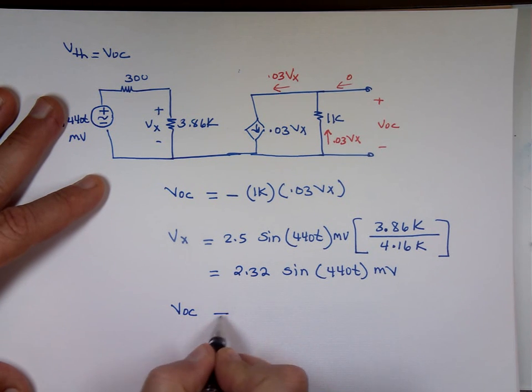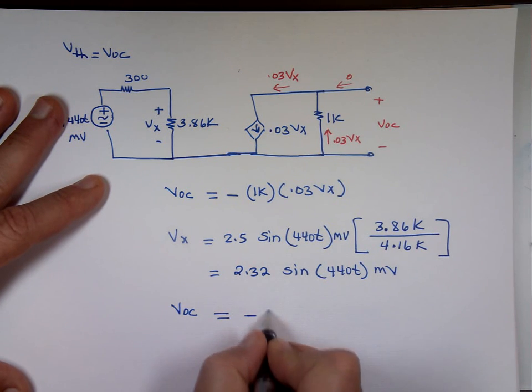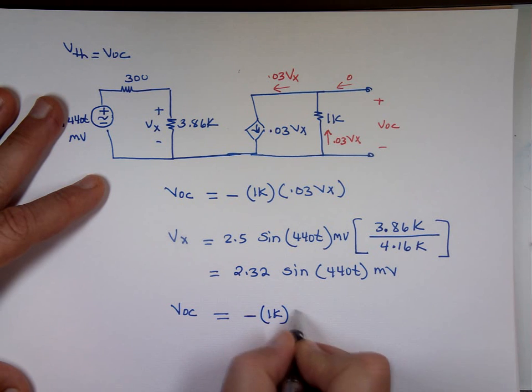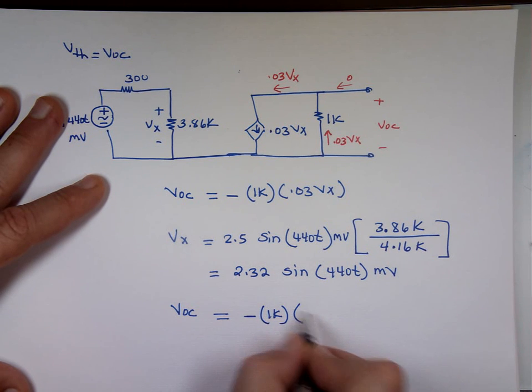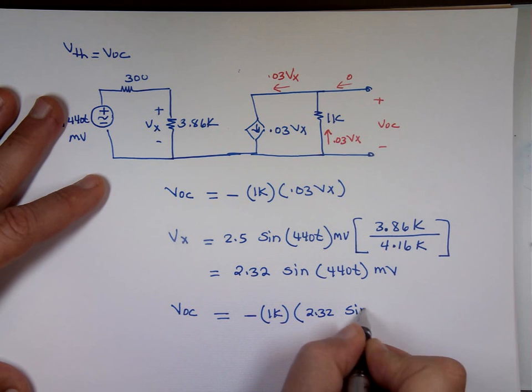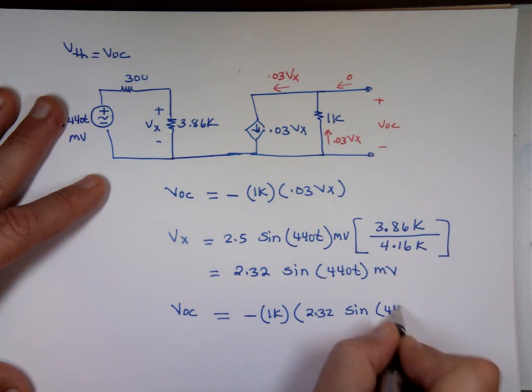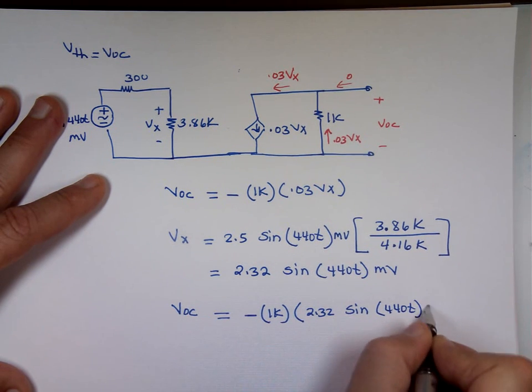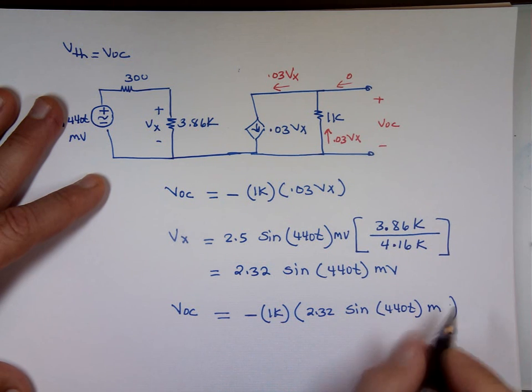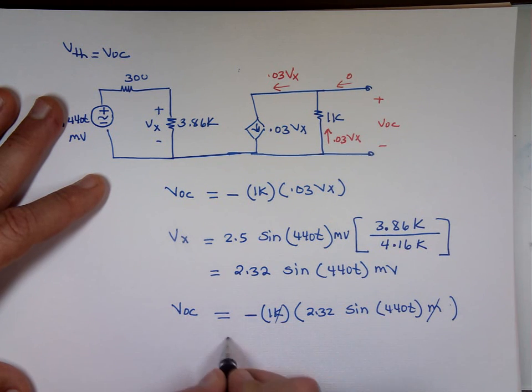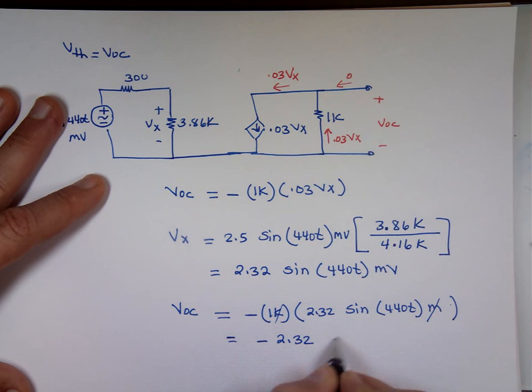Negative 1K times 2.32 sine 440t. The K's and the millis cancel each other out. It's negative 2.32 sine 440t.